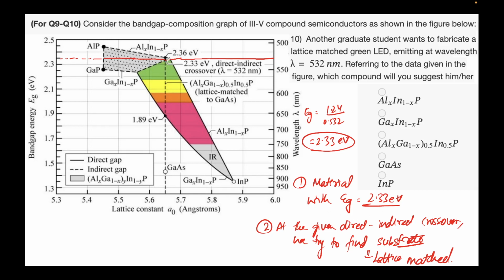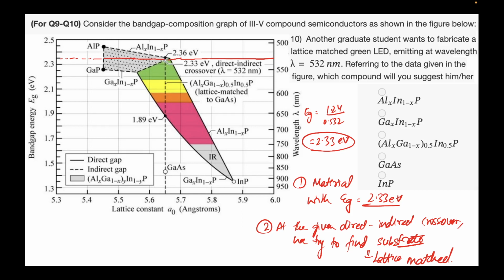So what we see here is, we are here and you drop this vertical line and it perfectly matches with gallium arsenide, right? So we are lucky in this case that this crossover point, what is the alloy? Ga x In 1 minus x P, right? This fellow. And what is the second line that it's crossing?